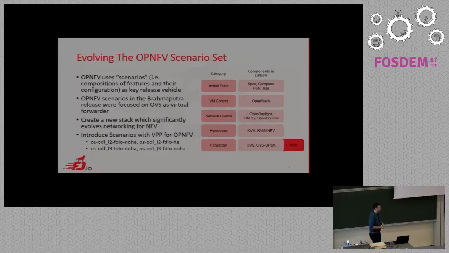Then there is Open Daylight, where we use GBP for receiving those requests from OpenStack and transforming them to the underlying network, and also hypervisors for hosting the VMs in the middle, and then there are forwarders. So we're currently trying to involve VPP as an underlying technology.